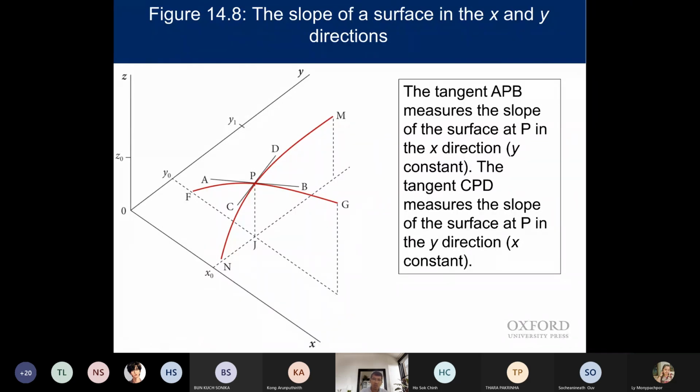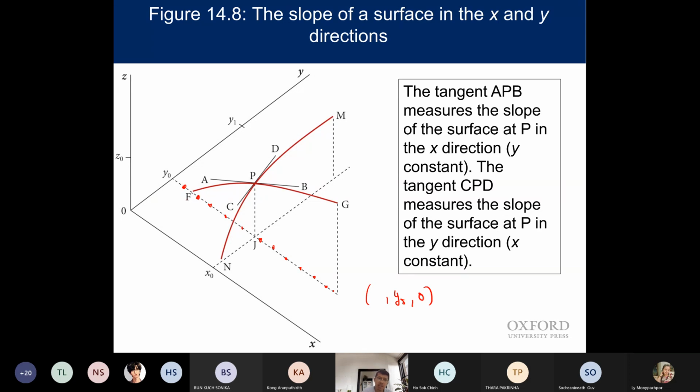If you notice all these points, can you tell me about the coordinates of this point? They all have y equal to y0, do you think so? And z equal to 0 because it is in the xy plane.